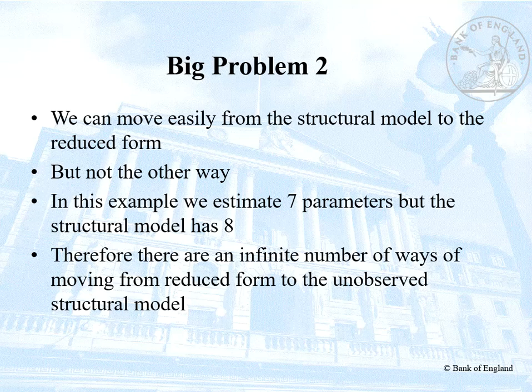The second big problem of the estimation is that we can move easily from the structural model to the reduced form, but not the other way. In this example, we estimate 7 parameters, but the structural model has 8. Therefore, there are an infinite number of ways of moving from the reduced form to the unobserved structural model. What does that mean?